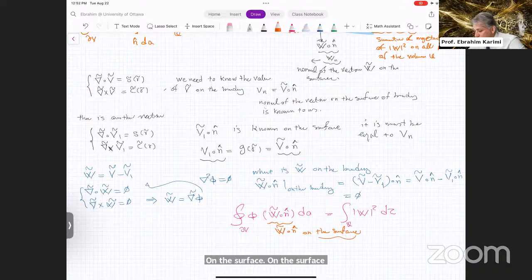What is this value? We just showed that this is equal to 0.